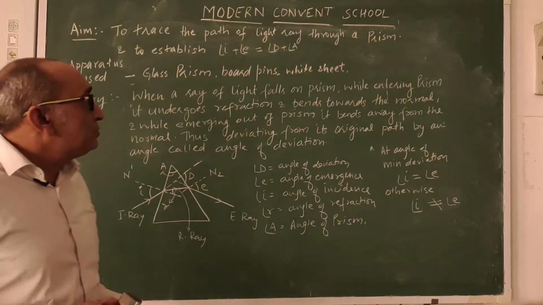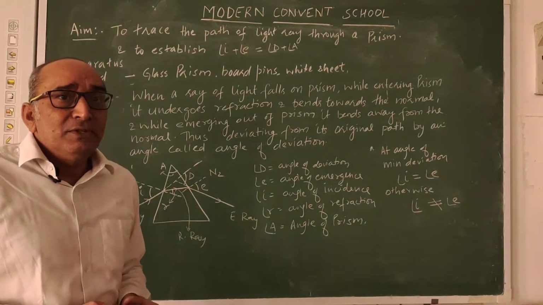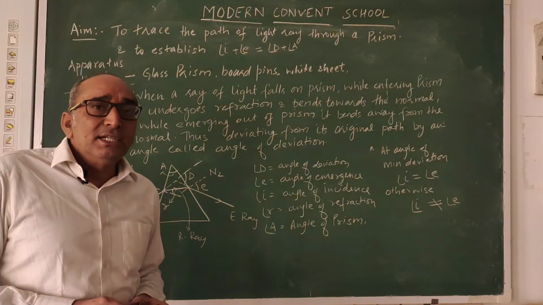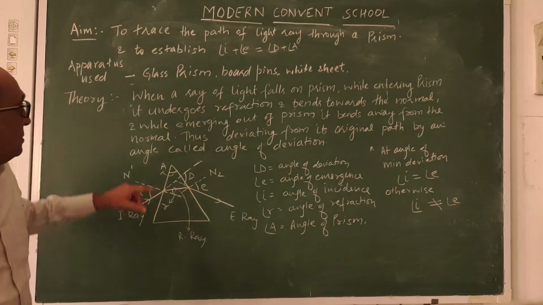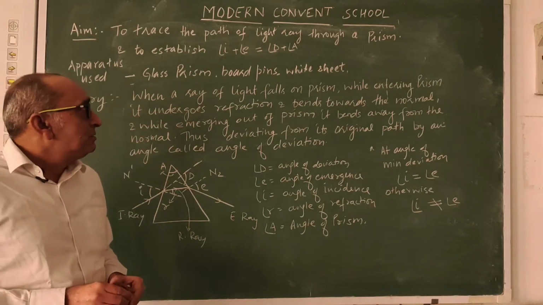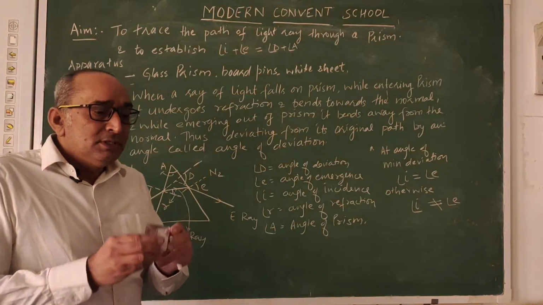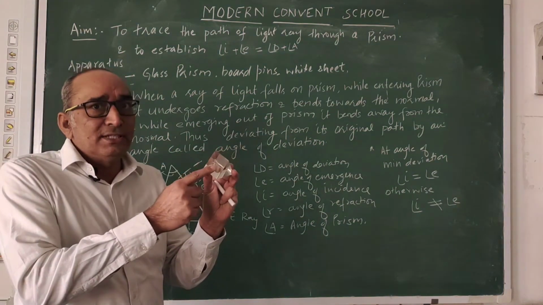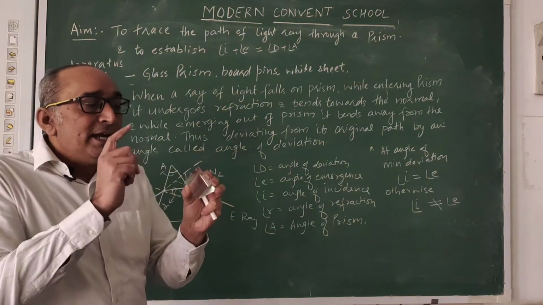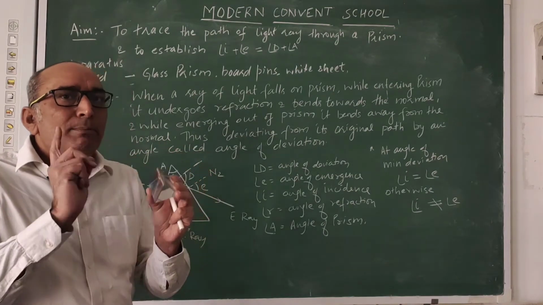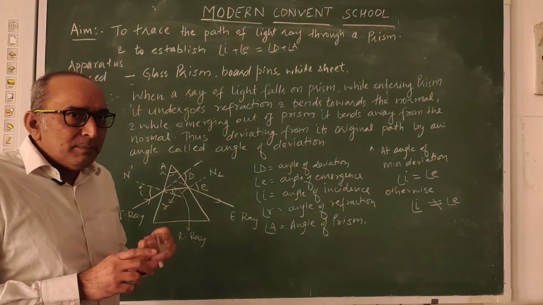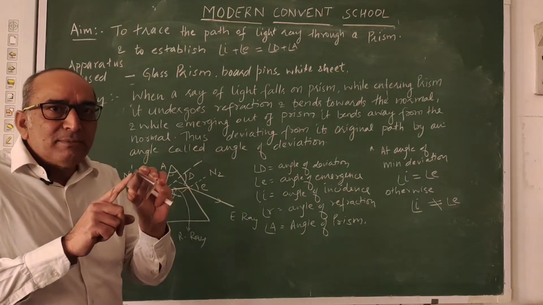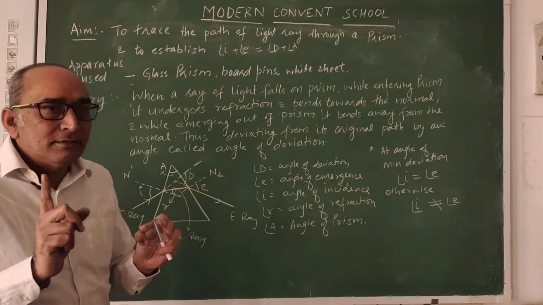Now, what we have to know for this activity? Basic refraction. When a ray of light falls on this surface of the prism, while entering the prism, it will bend towards the normal because glass prism is denser than air.